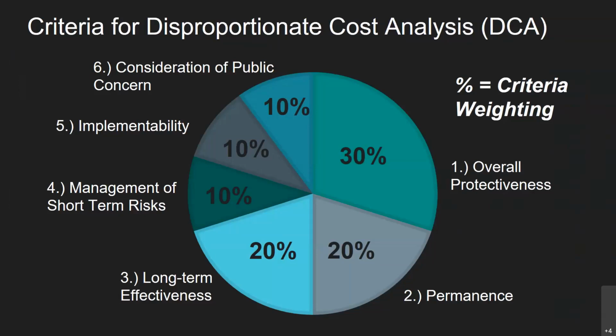Those are lesser considerations, although they are factored in. They only make up a total of 30% of the overall evaluation. But principally, the idea is overall protectiveness, permanence, and long-term effectiveness, because obviously you want something that's the most protective, something that's going to be permanent, and something that's going to have long-term effect. That's the most important.